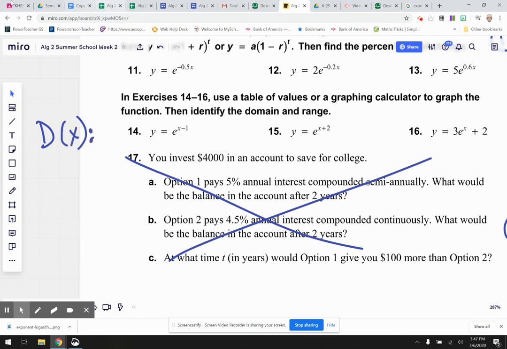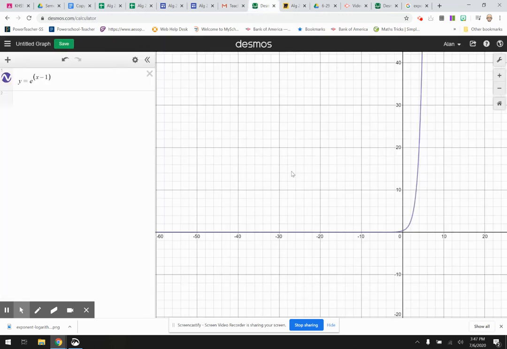And your x values, you probably could see on this graph. Okay, it's going up. So the x values, right or left, are all real numbers. They go anywhere to the right, they go anywhere to the left. So it's going to be just all real numbers for your domain.